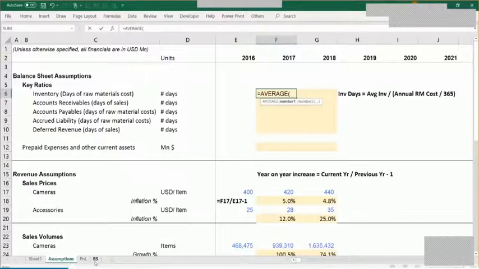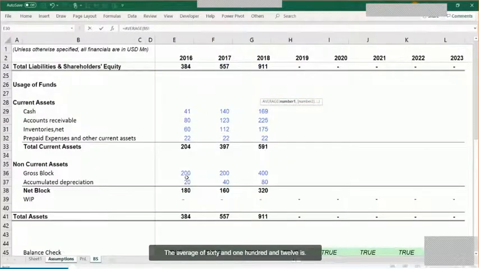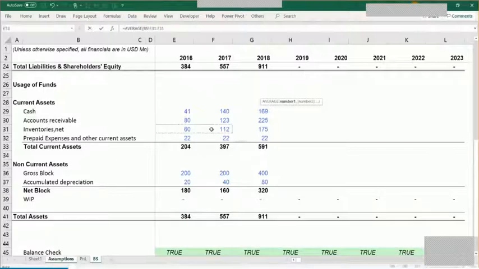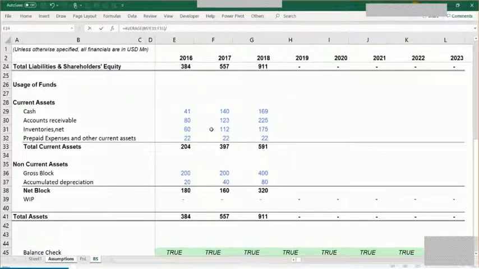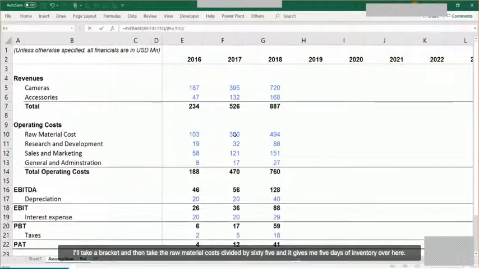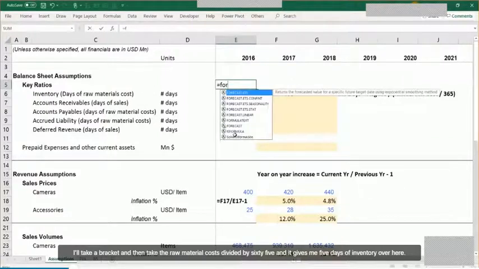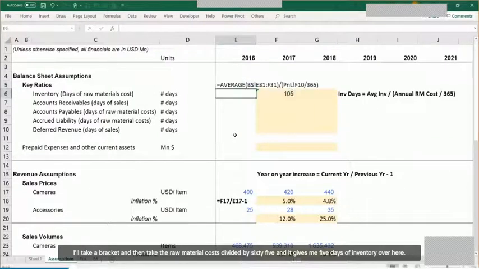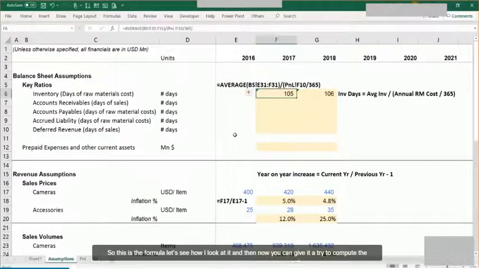So the average of 60 and 112 is 86, which you take divided by, I'll take a bracket and then take the P&L raw material cost divided by 365, and it gives me 105 days of inventory over here. This is the formula that I put in this cell.